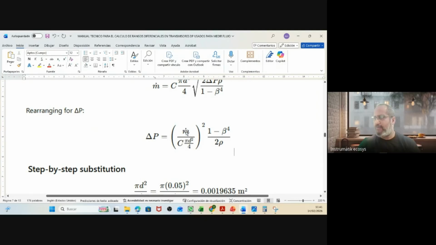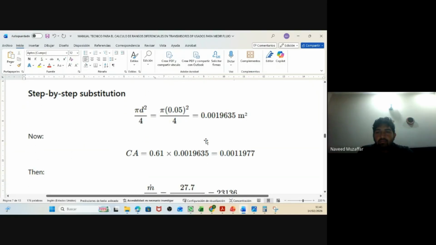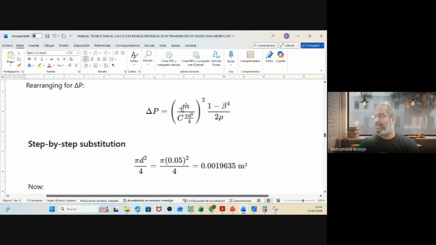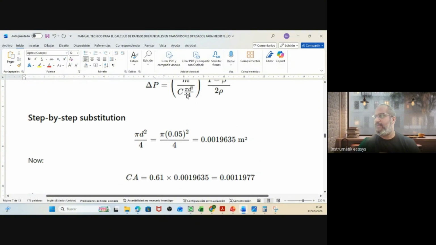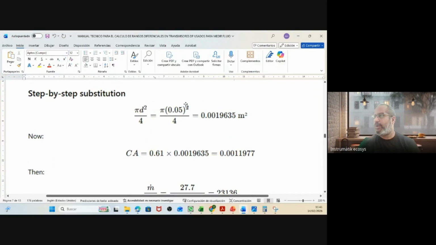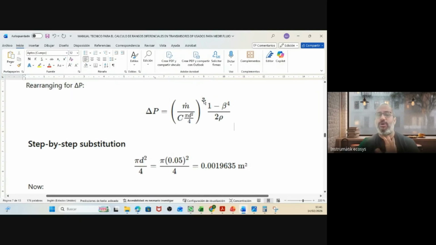You already also have the mass flow. Then mass flow, which is here, divided by the result of this one. You have this result, 23,136. Then you have to square it. This one, as you can see here, is a square root. Oh yes, to the second power. How do you say this?